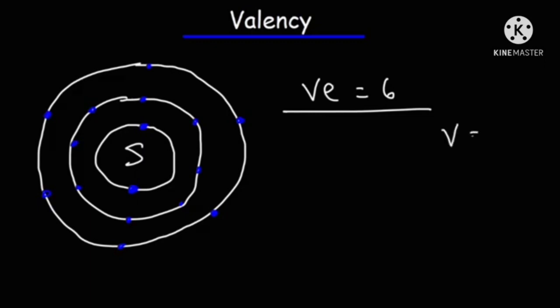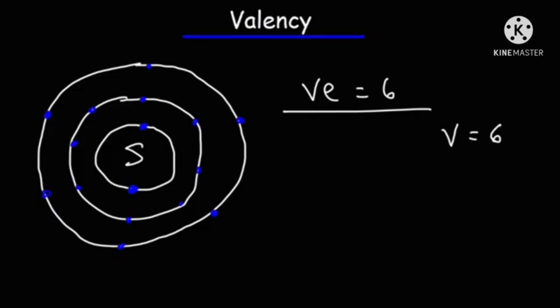So in this case, if sulfur loses all the 6 electrons in the outermost shell, it gets definitely stabilized. That means its valency is becoming 6.